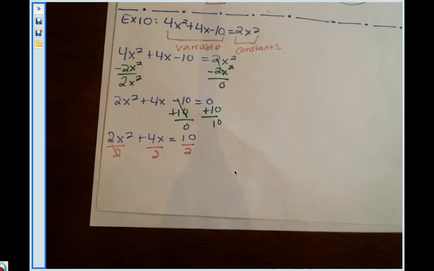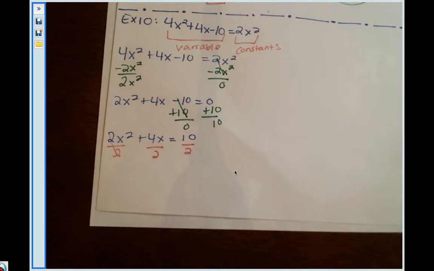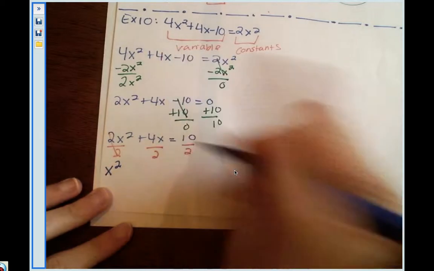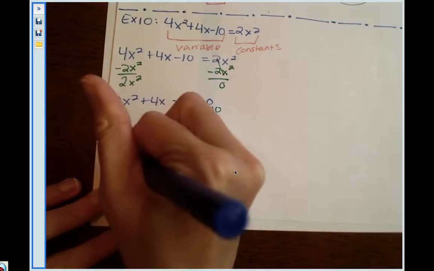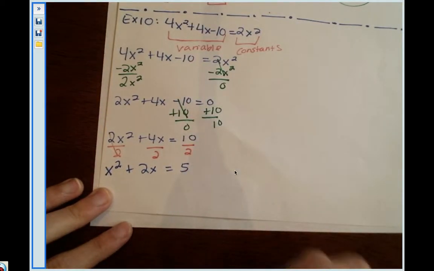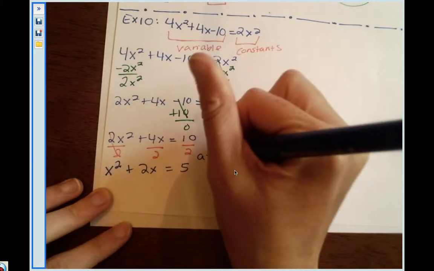So this will be 1x squared now, which you can write as 1x squared or just x squared. It really is just a personal preference. I'm going to write it as x squared. 4x divided by 2 is 2x equals 5. Since our a value is now 1, a equals 1, check.